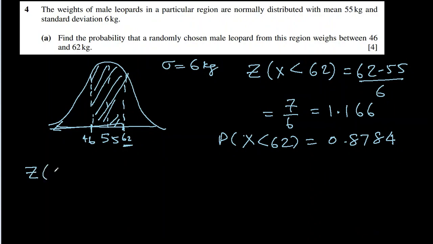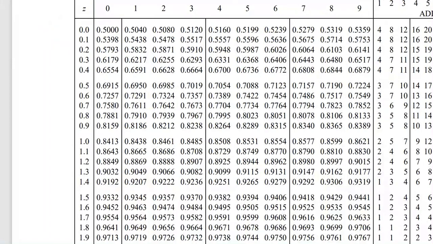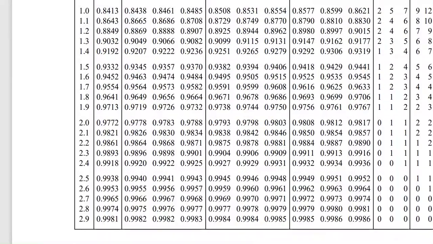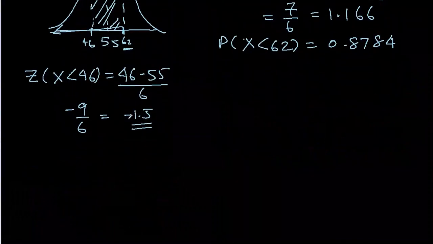Z score for x less than 46 will be 46 minus 55 over 6. So minus 9 over 6, which is negative 1.5. The Z score is negative 1.5. We don't have any negative 1.5 in this chart. So what we'll do, we'll find our positive 1.5, which is 0.9332. We can't use it purely here because the Z score is negative.